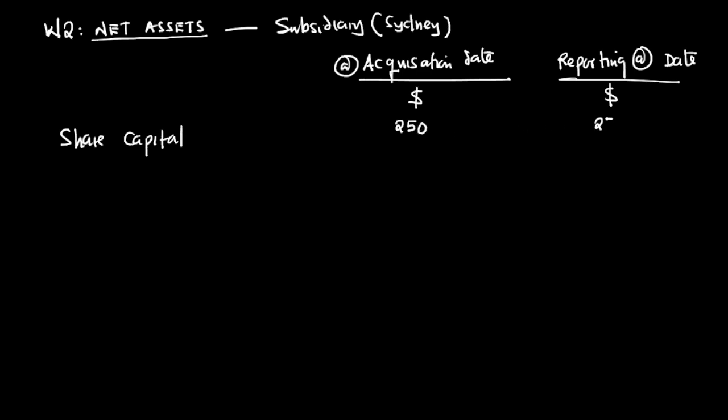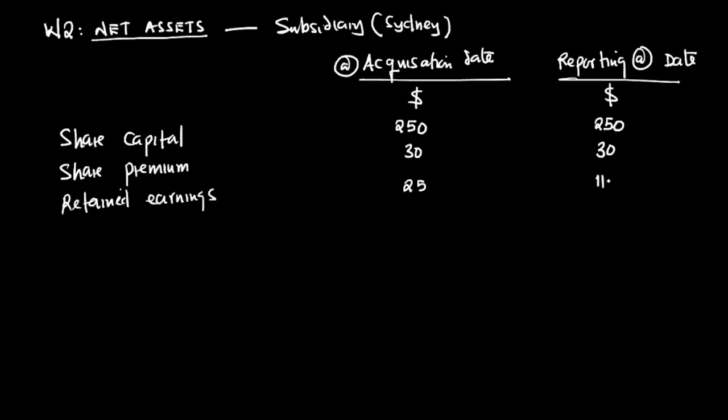At the date of acquisition and reporting, you have the same amount. You also have the share premium, also constant, 30. Retained earnings. Remember from the first paragraph, we had 25, and then at reporting date 115.